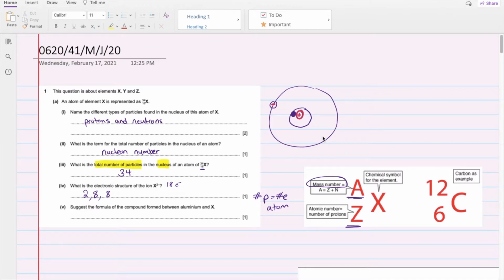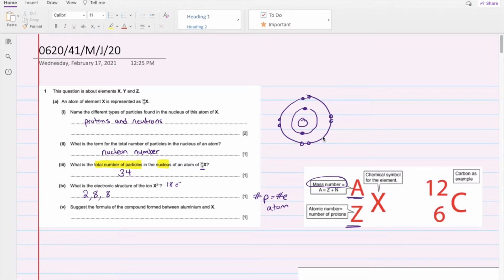So let me explain that for you guys really quick. So here's the nucleus of the atom. We have the first shell, which can occupy a maximum of 2 electrons. The following shell can hold 8. So we're going to hold 8 total. And we still have 8 left.